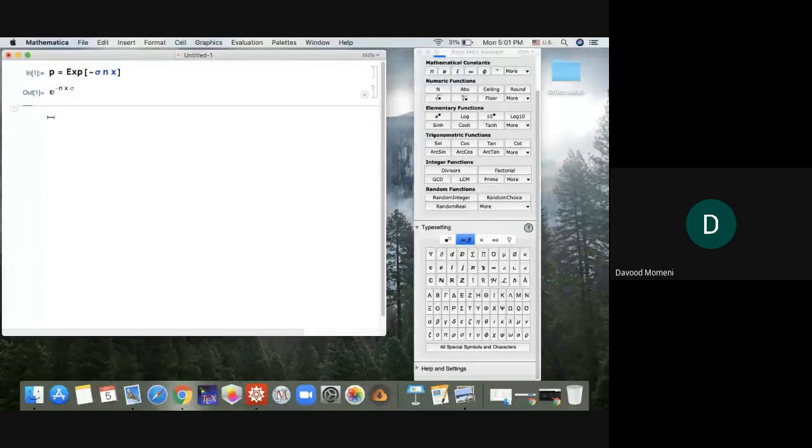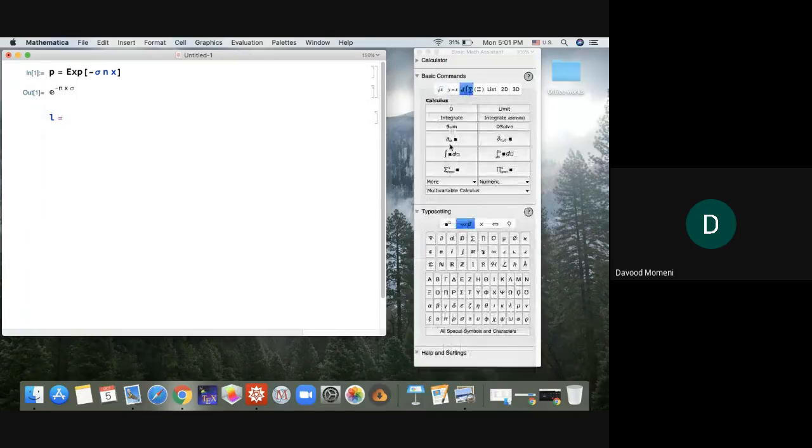The mean free path was given by the integral from 0 to infinity of x times the probability times sigma n dx.